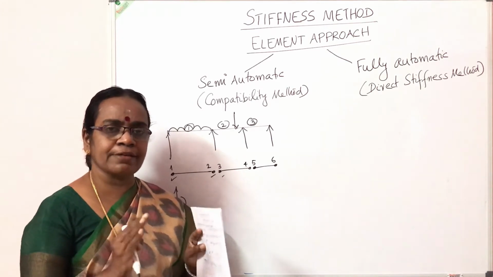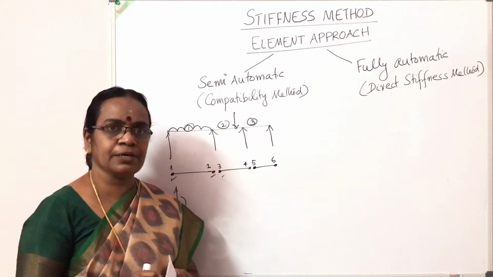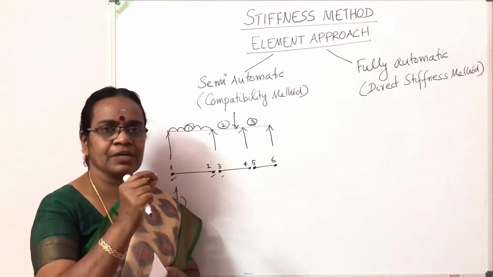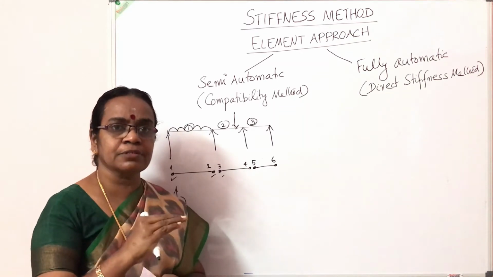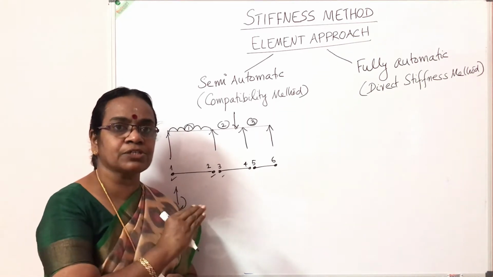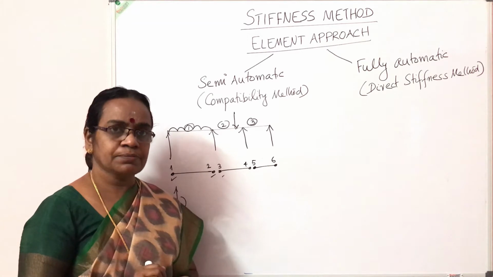The structure is an assembly of several elements put together. All the elements have connectivity at the nodes. The displacements as well as forces in the elements are converted to be acting at the nodes.